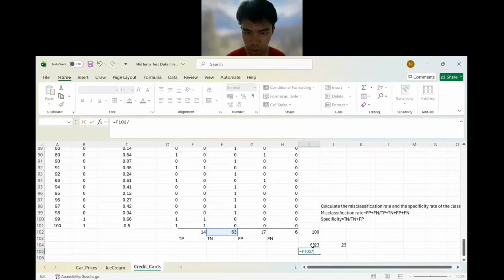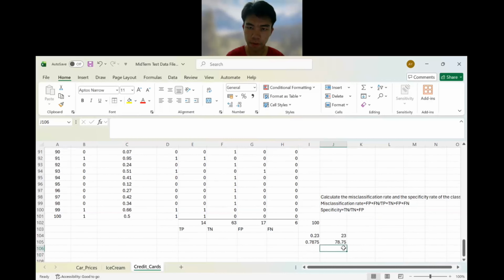True negative divided by true negative plus false positive gives 0.7875, so times 100. So the answer for specificity is 78.75%. That's all from me.